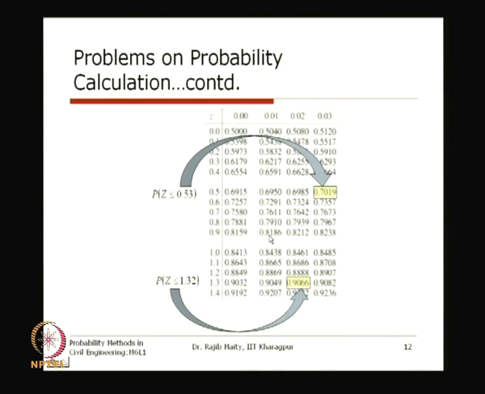Now, as this is symmetrical, you know that for the probability 0.5, the z value is 0. So the z value will be negative in the standard normal distribution to get the probability 0.25, because 0.25 is less than 0.5.